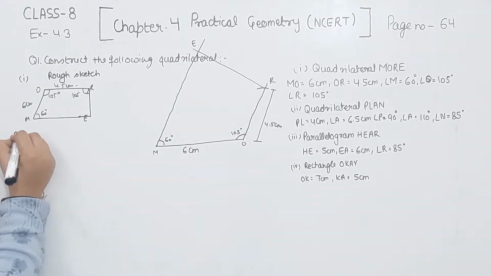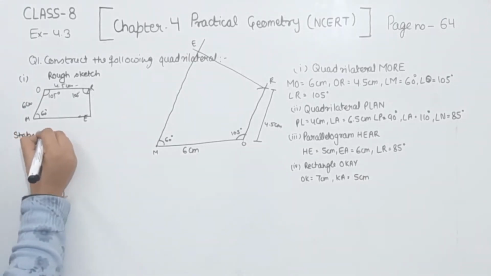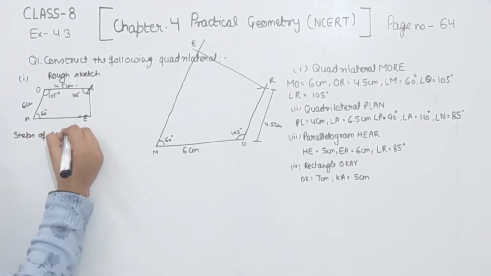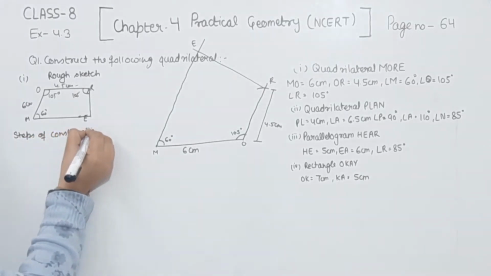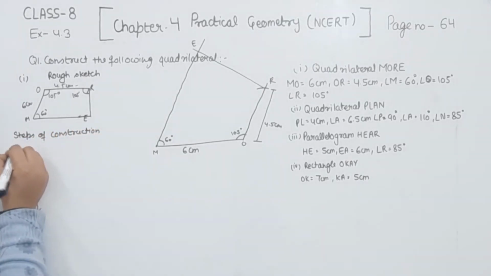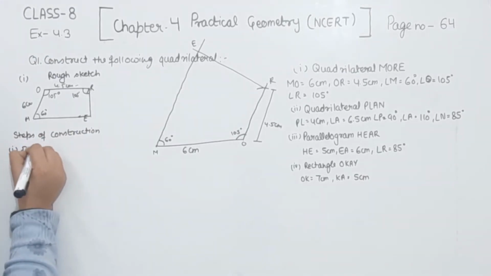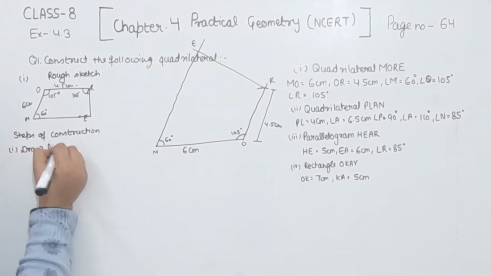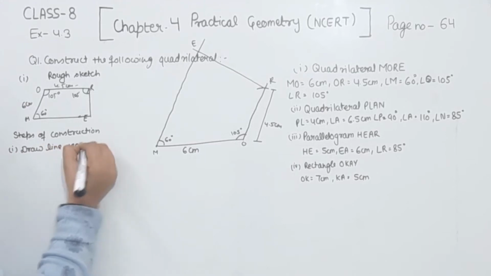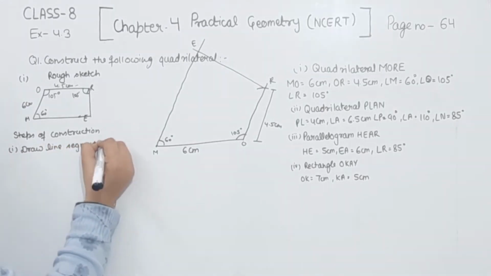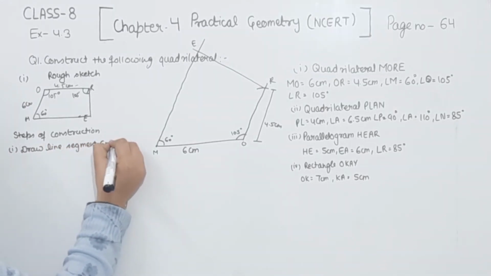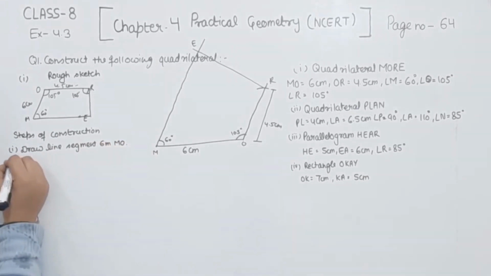So we will write here steps of construction. So first of all, we are going to draw line segment 6 centimeter MO.